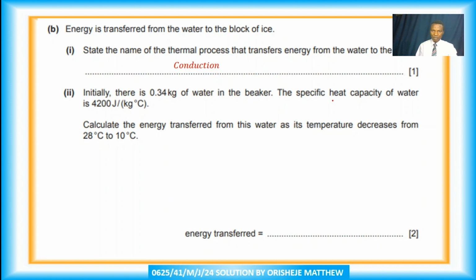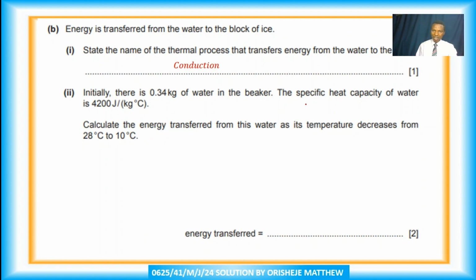The specific heat capacity of water is 4,200 joules per kilogram per degree Celsius. Calculate the energy transferred from this water as its temperature decreases from 28 degrees to 10 degrees. The temperature of the warm water is decreasing because it is transferring energy to melt the ice.